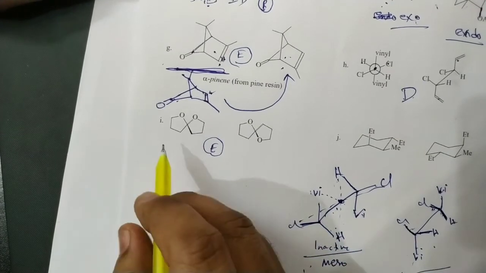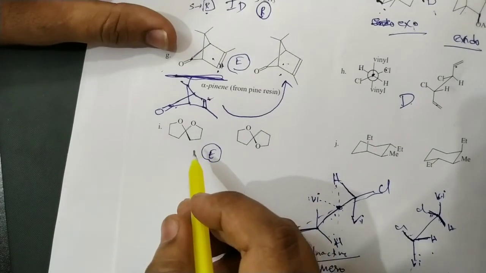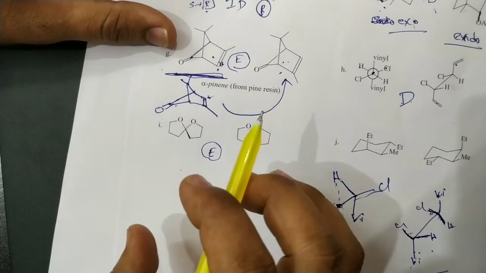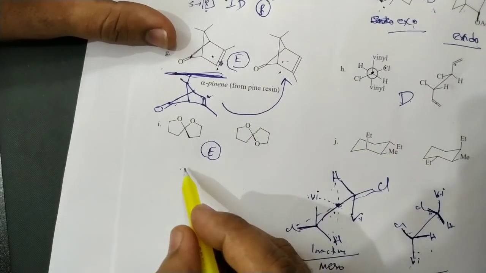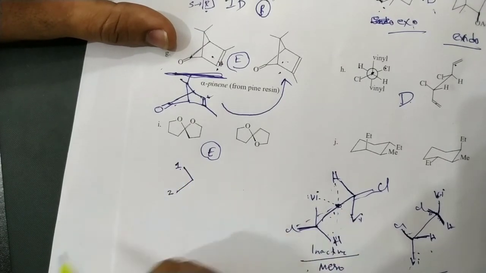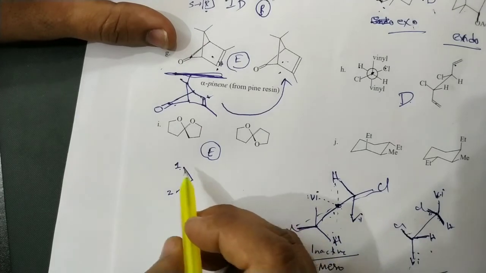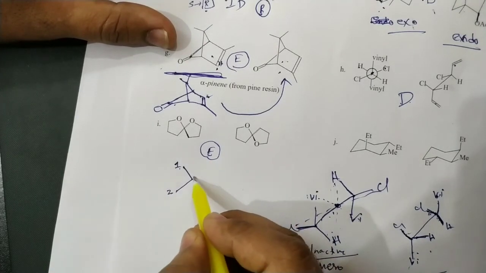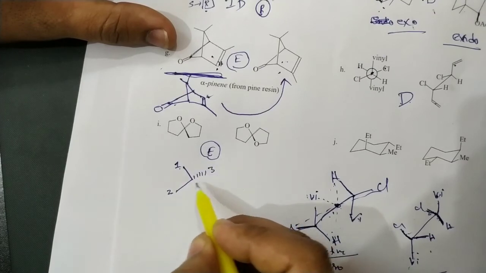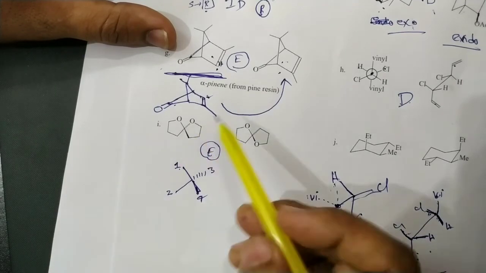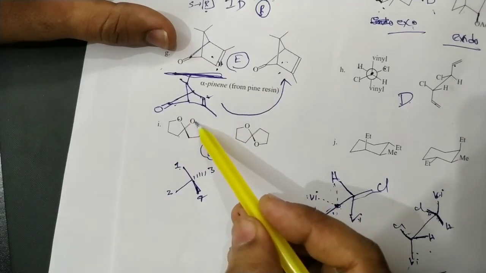Why are these enantiomers? Let us think: this is the open chain compound. Suppose this is the first group, this is the second group. It's not a priority, I am just giving numbering. So below the plane is the third group, above the plane the fourth group. First group, second group, third group, fourth group.